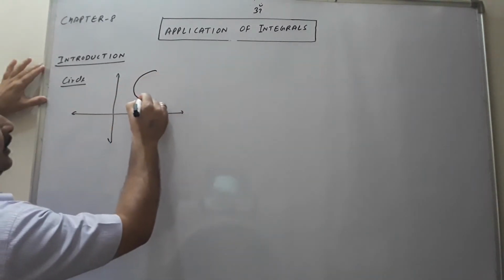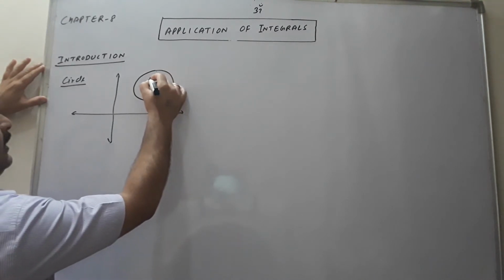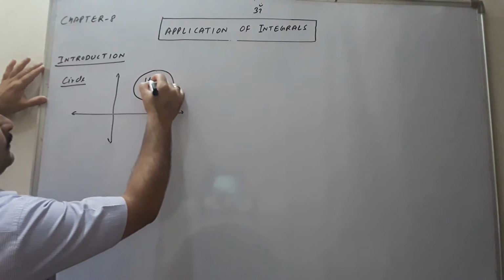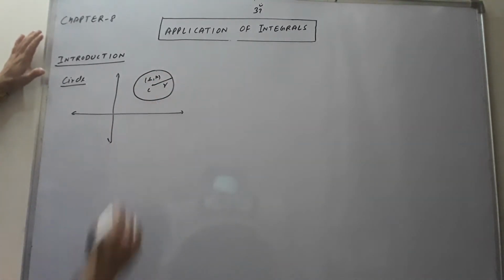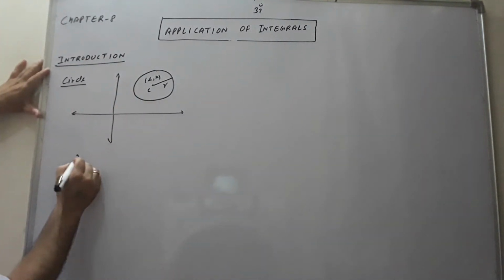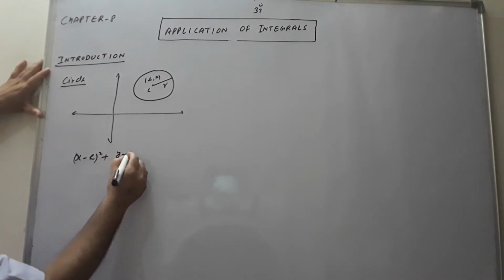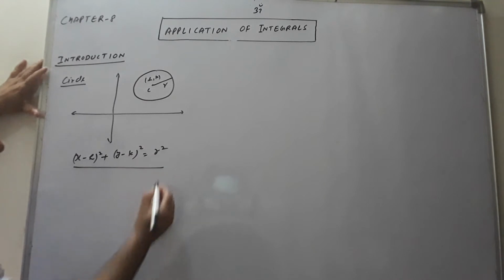If we have a circle like this, the center of the circle we are taking as h, k. This is the center of the circle, this is the radius. So we have to discuss the equation of the circle. The equation of the circle will come as (x minus h) square plus (y minus k) square is equal to r square.